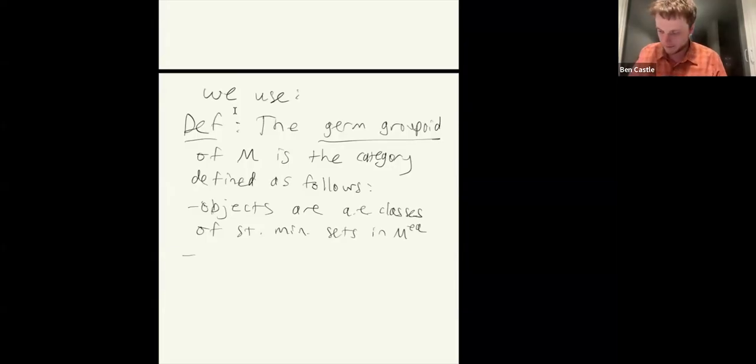And then the morphisms. So if C and D are objects, what are the morphisms from C to D?